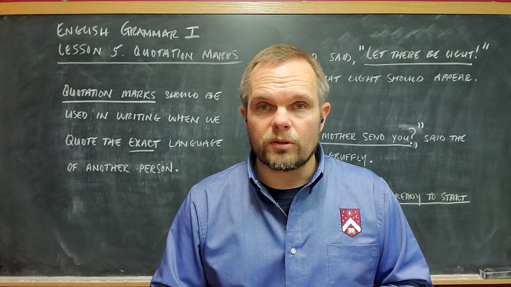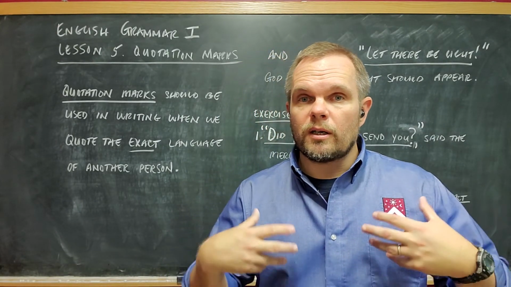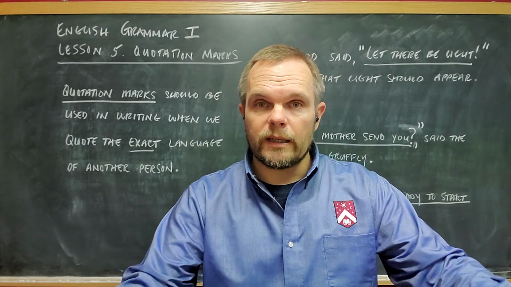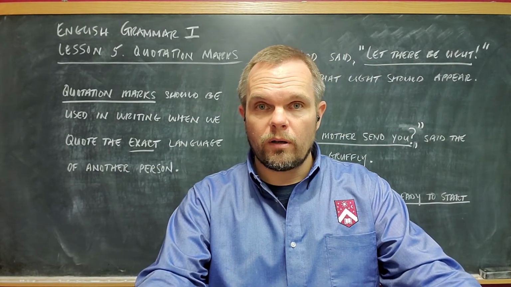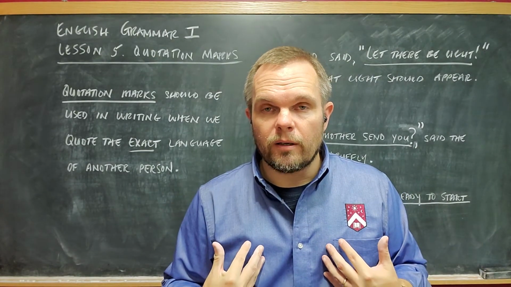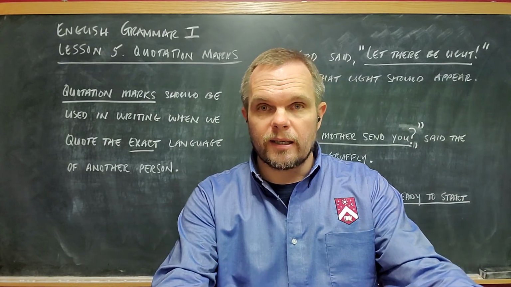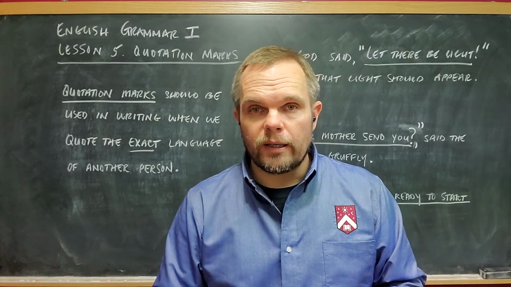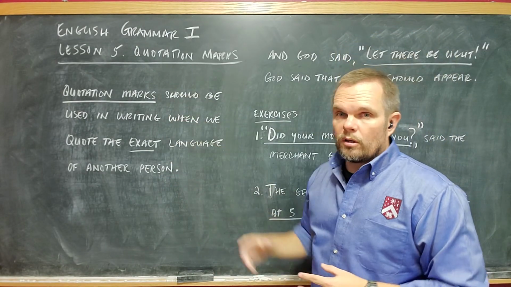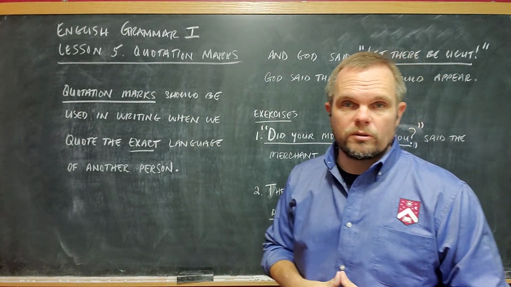Keep an eye out for those things as you read, because your grammar will help you to read better. And now that you're able to read and you know what to look for in the reading, your reading will help you to understand grammar better, because you'll see examples of it in all different writings that you see in your reading. All right, so that's all for lesson 5 on quotation marks.